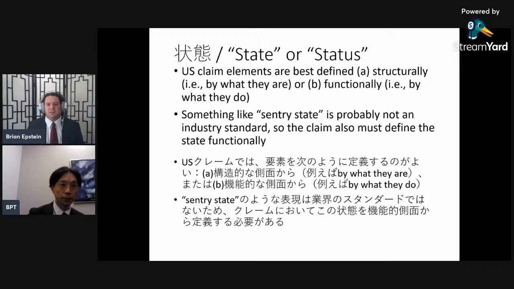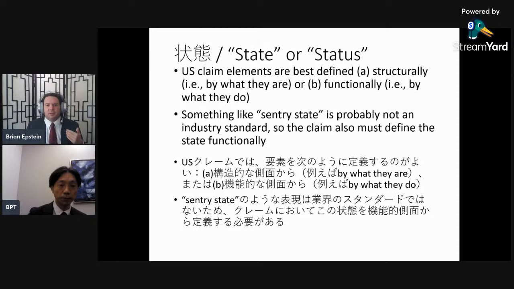Therefore, typically we would want a second recitation in the claim that defines what occurs in the sentry state. And so now we are functionally defining the sentry state: what this means, what operations are performed, how does the car enter it, what is the significance of it, what functionality does the sentry state provide to the car, some sort of monitoring or something, I assume.